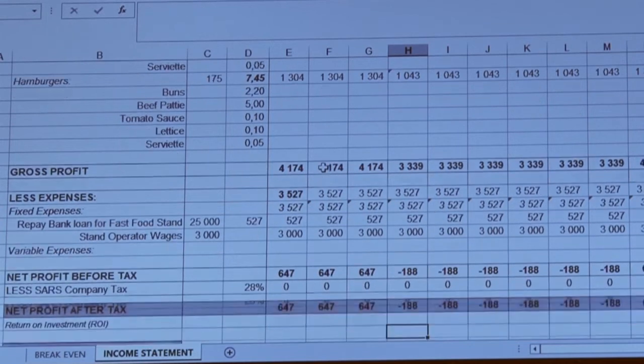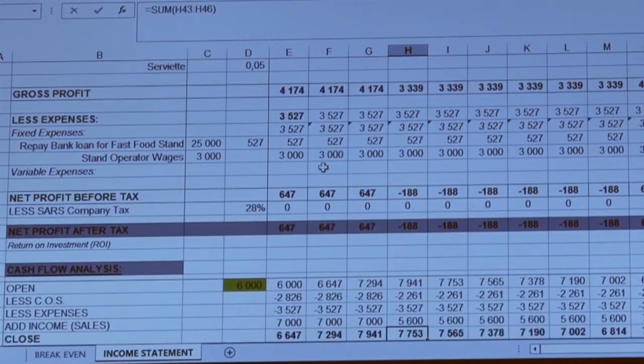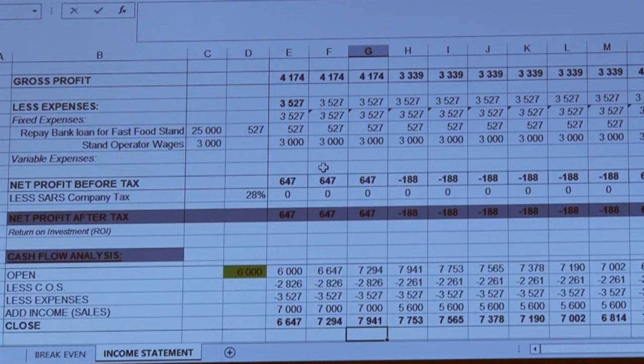Now, have a look at our cash flow now. We carried forward from March 7,941 Rand. Okay, there it is there at the top of the cash flow spreadsheet. It's the opening balance. Our cost of sales came in, less hamburgers, less hot dogs. We still had the fixed expenses. They didn't change. Add our income, which is 5,600. It's a bit less than what it was. It's 20% less.